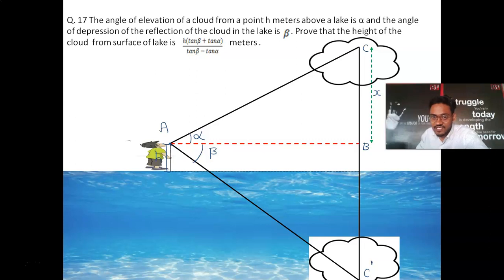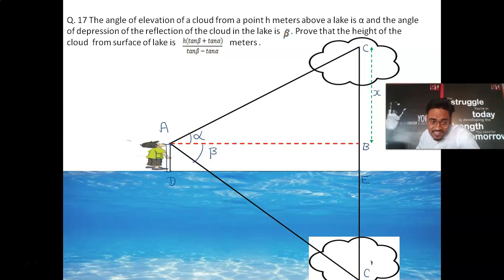I will eliminate it. See students, in the last part of the question we have to prove the height of the cloud from the surface of lake. So let me mark this particular point as D, and this point as E. Clear?